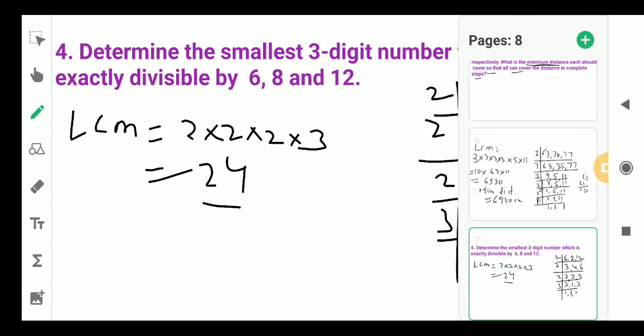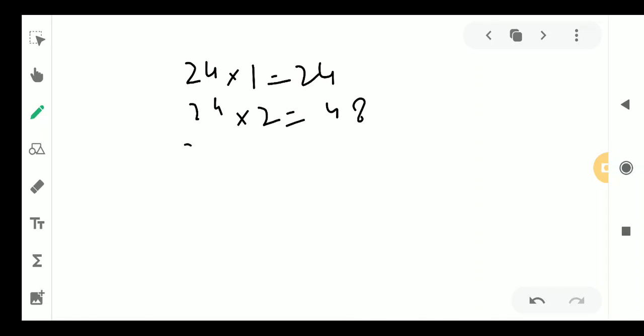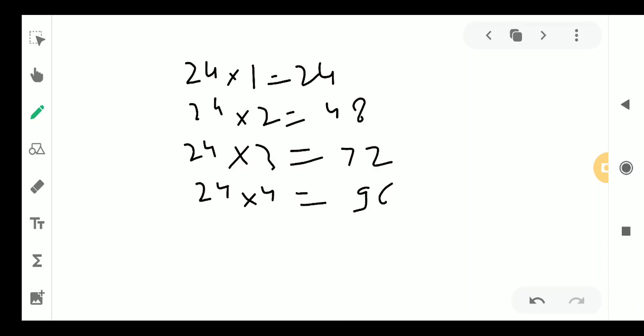So we will find the multiples of 24. So 24 ones are 24, 24 twos are 48, 24 threes are 72, 24 fours are 96, 24 fives are 120.